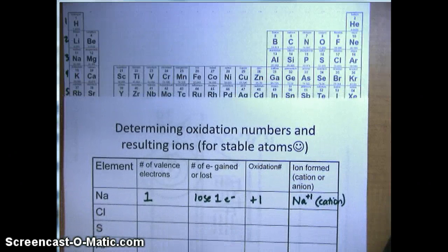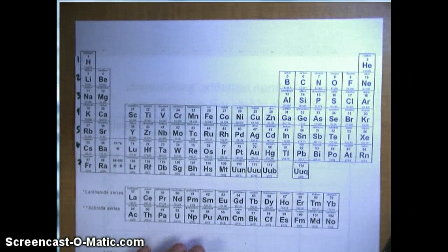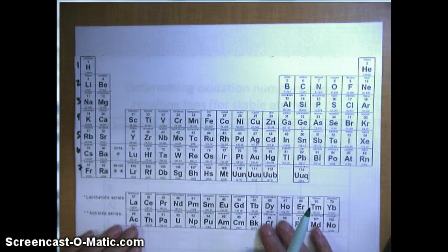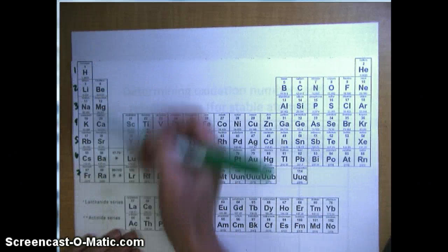So now it might be easier if you get out your periodic table and you write down the oxidation numbers on the top of each family so that you can refer to it when doing this exercise and trying to determine the ions that atoms will form in order to become stable. Alkali metals have one valence electron.